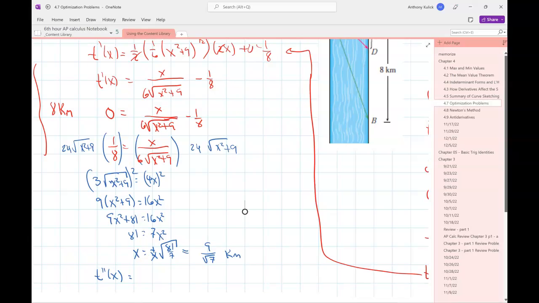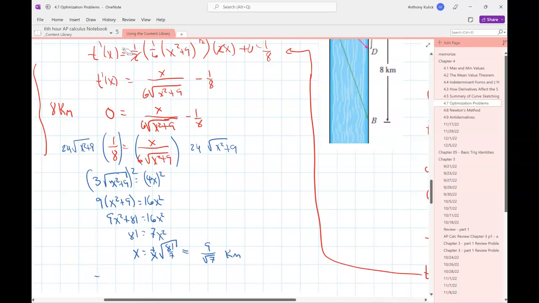So what do we get there? We're going to have negative 1/2 times x squared plus 9 to the negative 3 over 2. Oops, and I still have that 1/6 floating around there. And then times 2x. And I notice that this has to be... Oh, what am I doing here, Mr. Kulik?